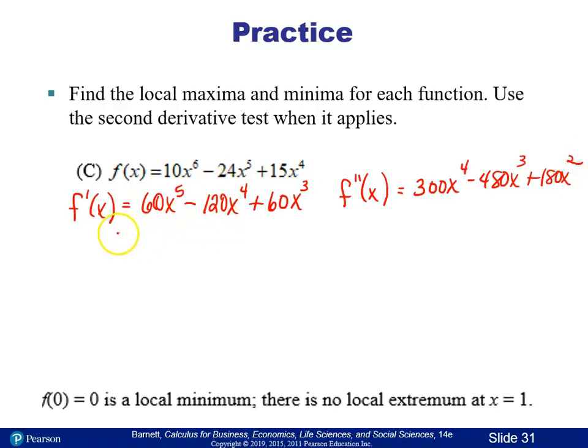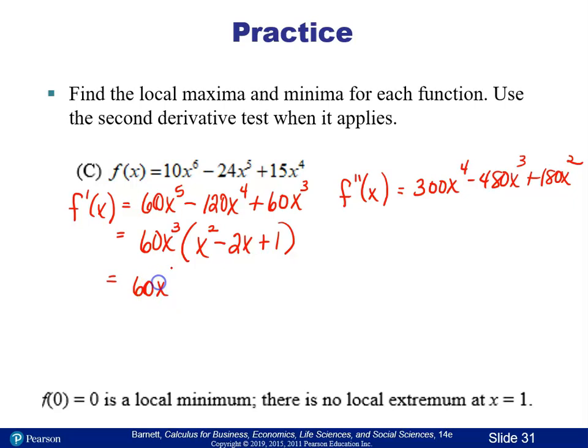All right, if we want to get our critical numbers here, we're going to take out 60x to the 3rd, because 60 is a GCF, and then x to the 3rd would also be a GCF. So we'll have x squared minus 2x plus 1.